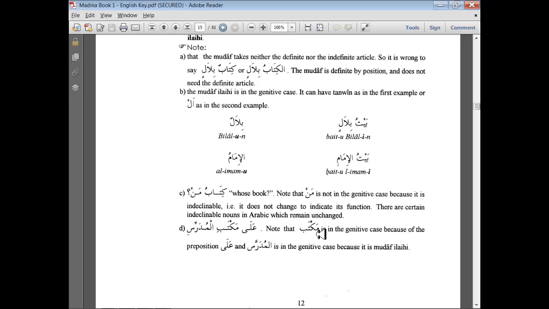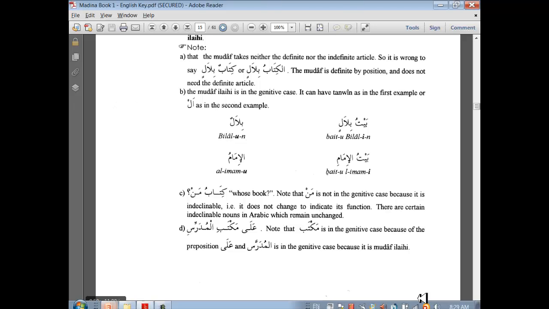And the genitive case would be a kasra or kasratain. So you would need to be familiar with those three terms, which correspond with rafi', which is the nominative case, mansub, which is accusative, and majrur, which is the genitive case. And that's basically it for the lesson.